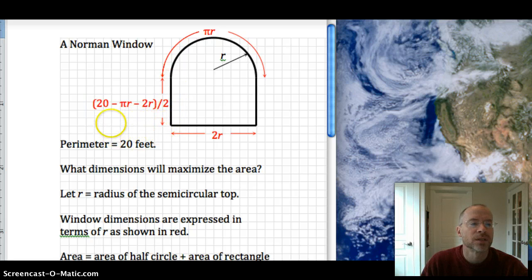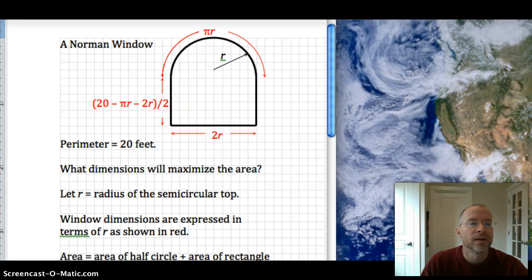So if you want to figure out how much is left, take the full 20 feet, subtract off the length of the arc, and then also subtract off this length down here, right? And what's left out of that 20-foot perimeter is the amount of perimeter that goes into these two vertical dimensions here, these straight vertical dimensions. So if you take what's left and divide by 2, that gives you the height of the rectangular portion of the window.